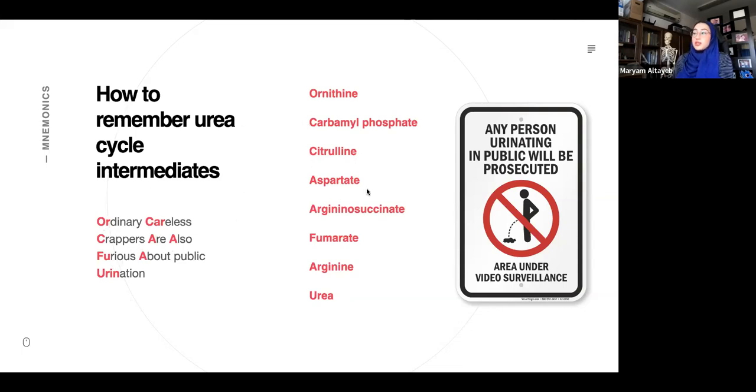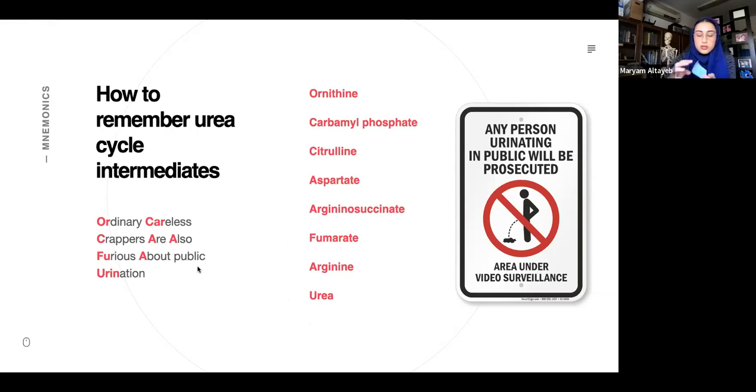R is for aspartate. Also is for argininosuccinate. Furious is for fumarate. About is for arginine. Public is just a filler, and urination is for urea, obviously. So again, ordinary careless crappers are also furious about public urination.